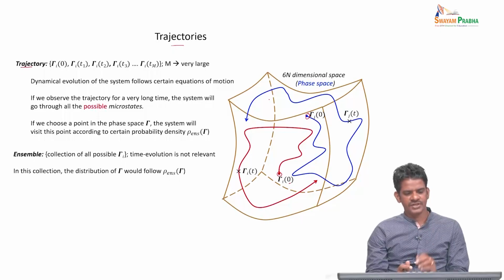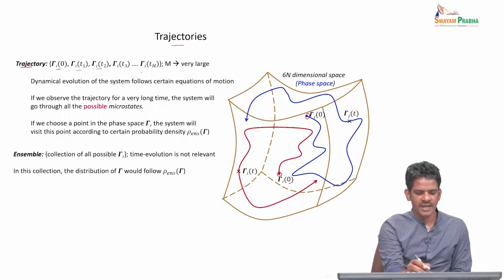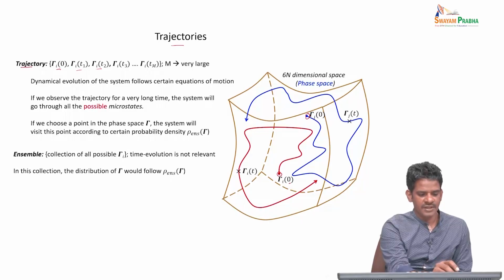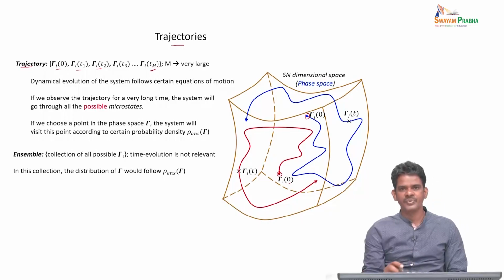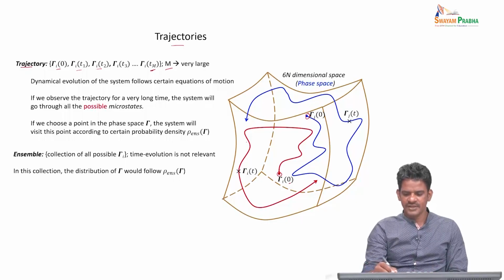So a trajectory is nothing but the time sequence of the microstates of the system, where time goes from 0, t1, t2, t3 all the way to some large time tm, where m can be very large. The trajectory is this particular line along which the system traverses the phase space.